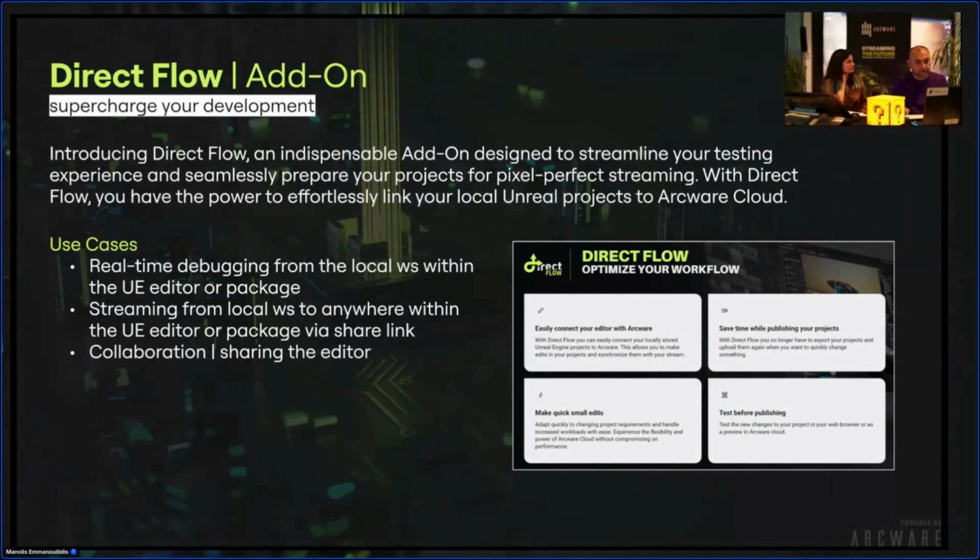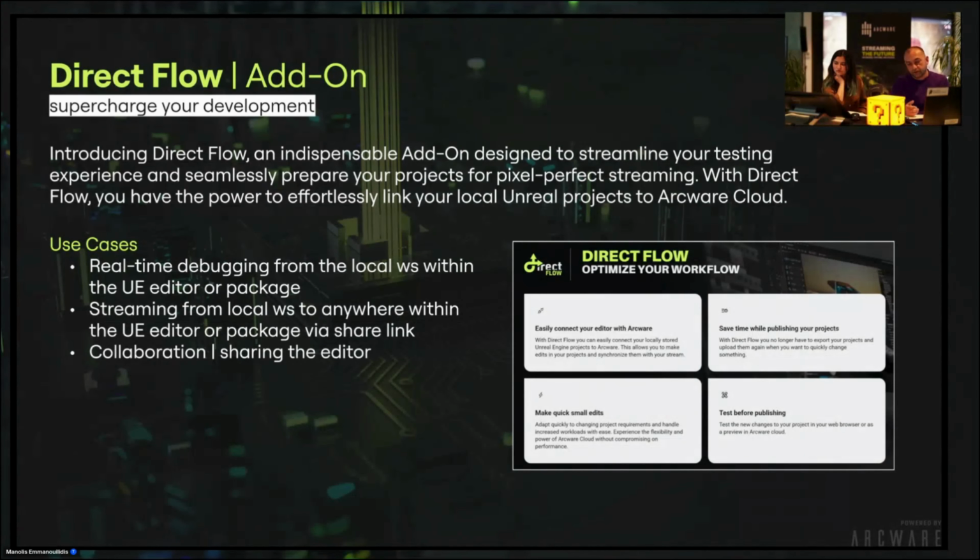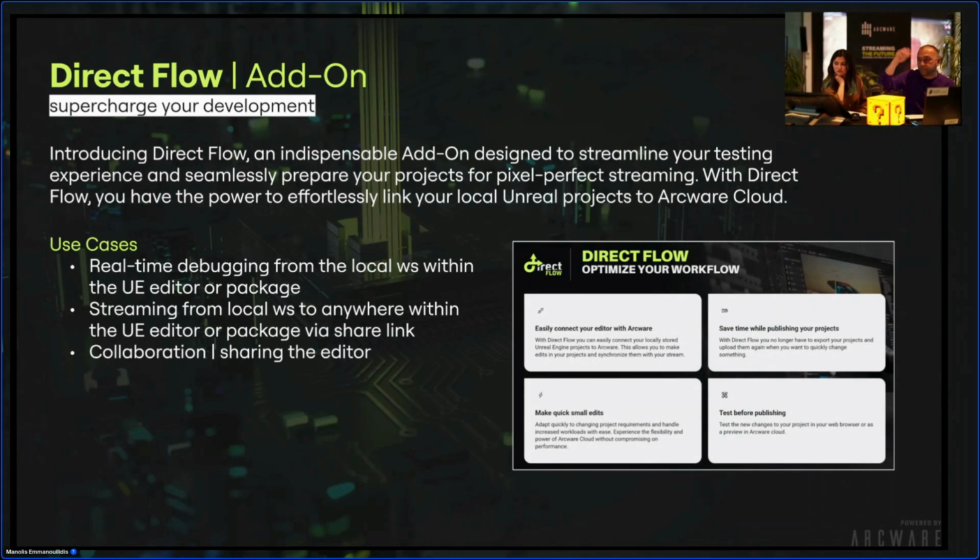So that's pretty much Direct Flow, but it can also be used in some other diverse cases, like you can share your full editor with a teammate or someone in Japan, let's say, for collaboration reasons. That's also possible. And one other use case of Direct Flow is that we have clients that are small architect offices.